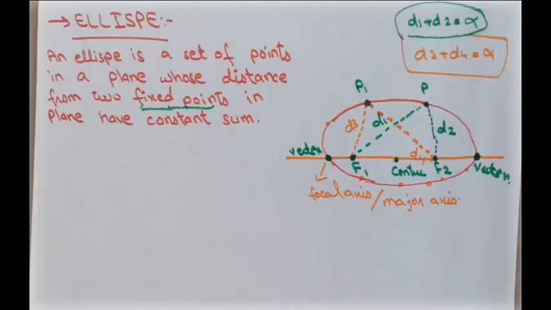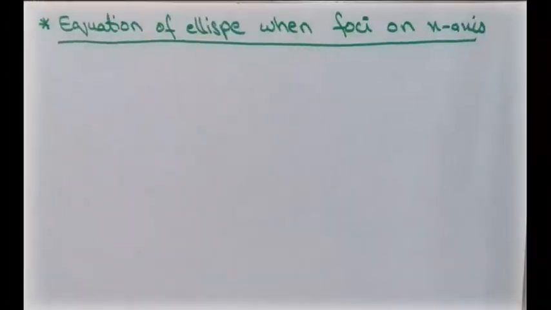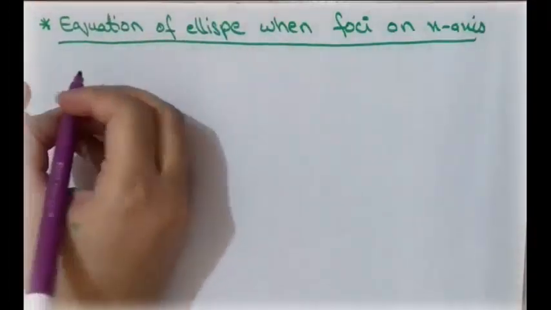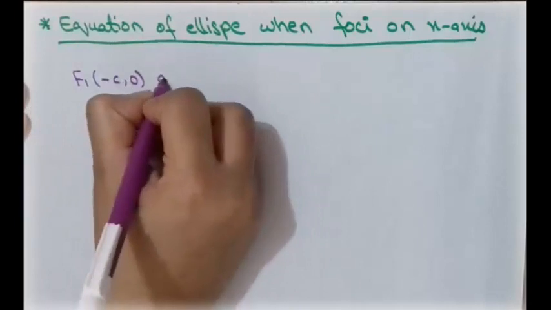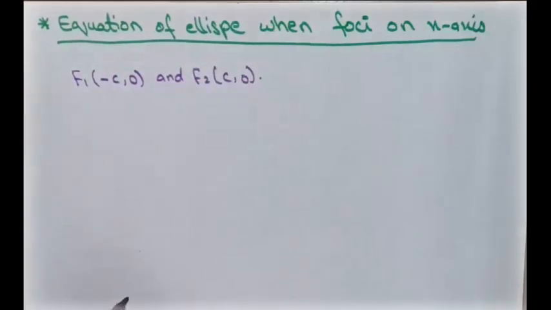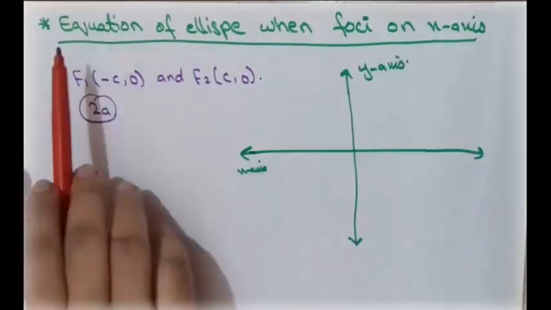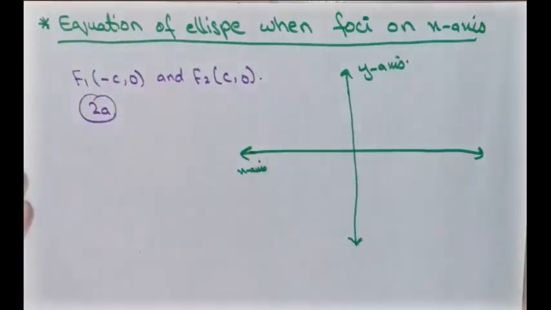We will derive the equation of the ellipse when the foci lie on the x-axis and the center is at the origin. Suppose the foci of the ellipse are F1 at (minus c, 0) and the other focus at (c, 0). The sum of the distances of all points on the ellipse to the foci is constant, which is 2a. So we have to derive the equation of the ellipse when the foci are on the x-axis, meaning the major axis is here.